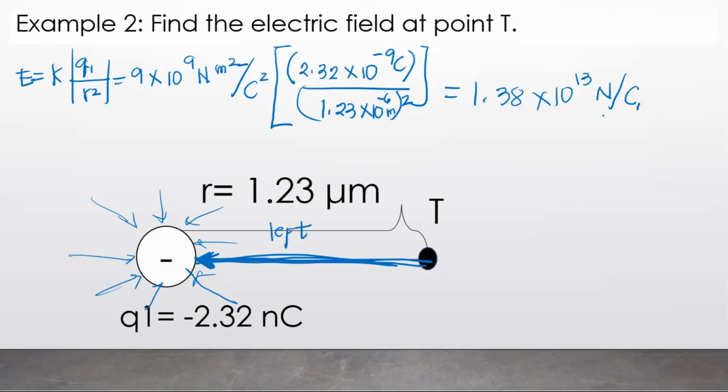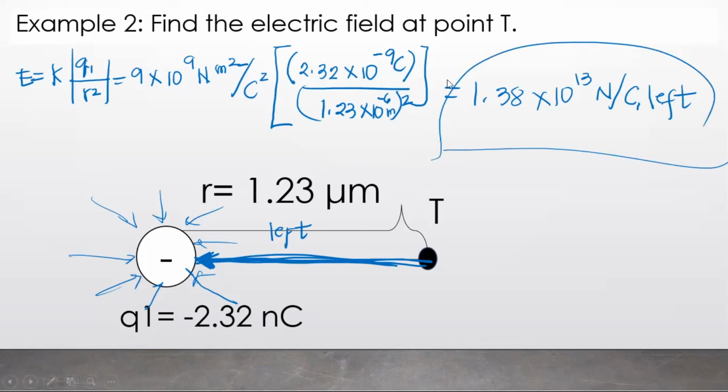Therefore, it's 1.38 times 10 raised to 13 newton per coulomb to the left, or you can say west. So this is the answer for example number 2.